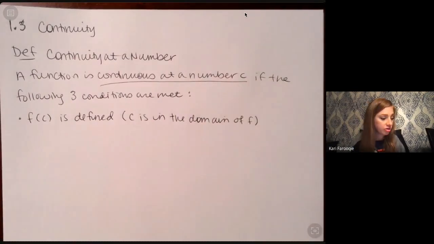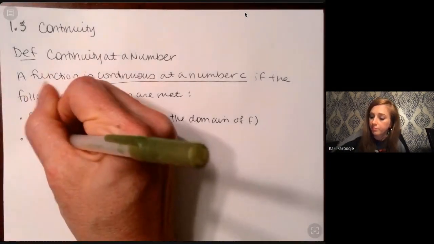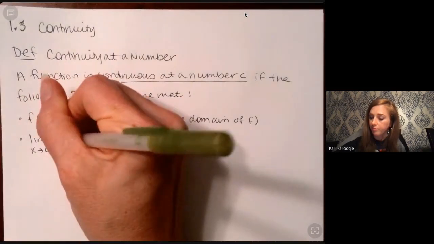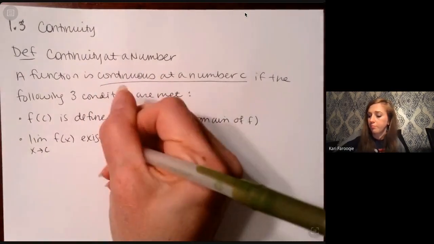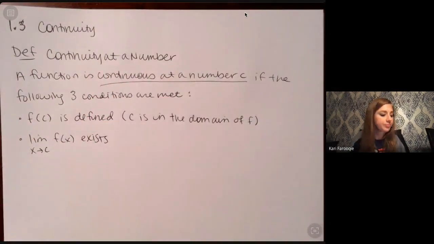The next condition is that the limit as x approaches c of f of x exists. And then the third is that the limit as x approaches c of f of x equals f of c.